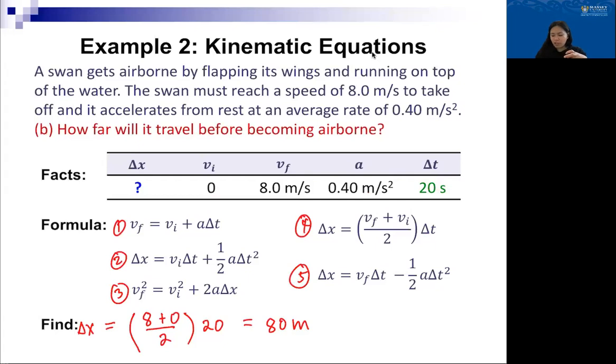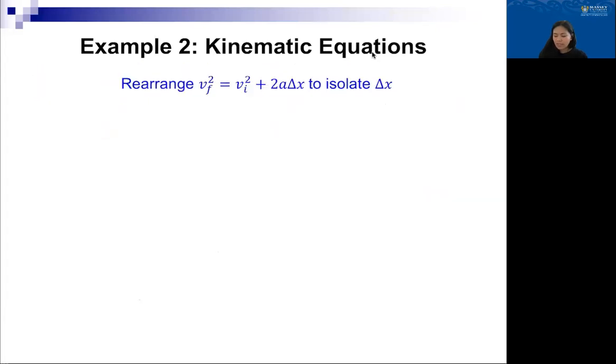What other equation can you use, assuming that you don't want to use delta t because you're not sure about your answer for delta t? Yeah, equation 3. Okay, so you can use equation 3 because it's the only equation that does not contain delta t. But then if you use equation 3, you will need to rearrange it to isolate delta x.